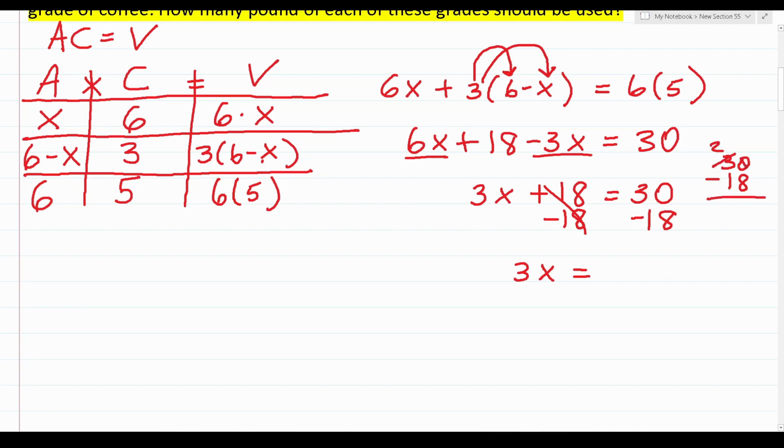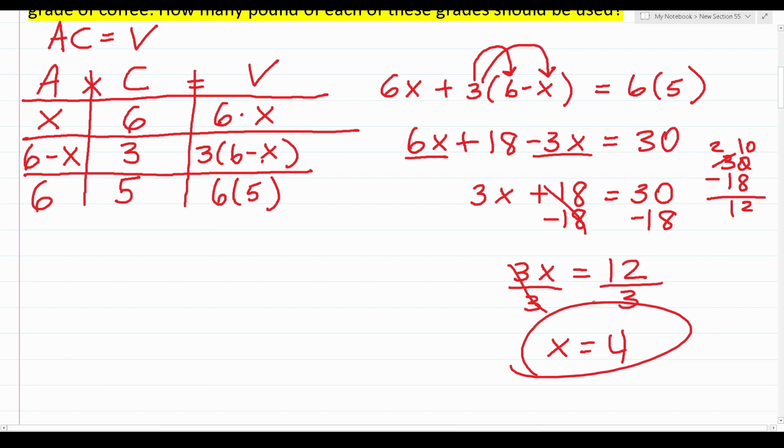This becomes 2, and now this becomes 10. 10 minus 8 is 2, and 2 minus 1 is 1, so 12. So this is 3x equals 12. And finally, to get x by itself, we'll divide both sides by 3, and this will say x equals 12 over 3, or 12 divided by 3, which is 4.